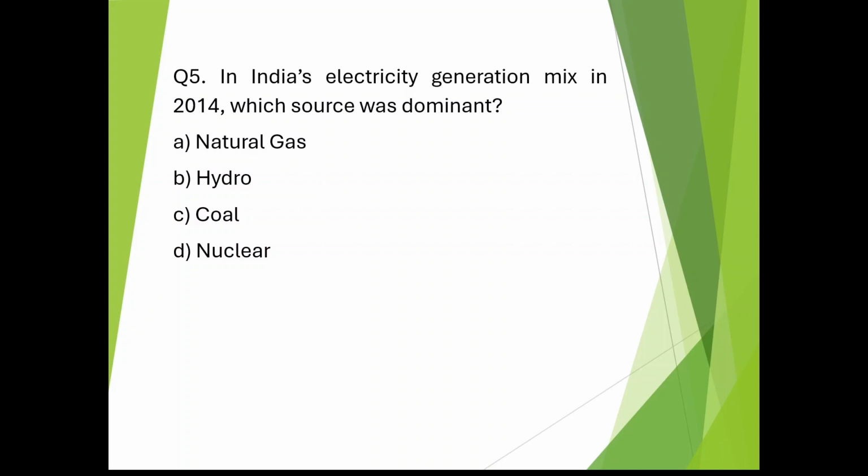Yeah, Farid is saying C. Yeah, Alam is also saying C. Both of you are absolutely correct. Option C is the right answer for question number 5. According to the IEA report also, 74% of India's electricity in 2014 was generated using coal. So this is a major dominating source. Fine. Let's move to the sixth question then.